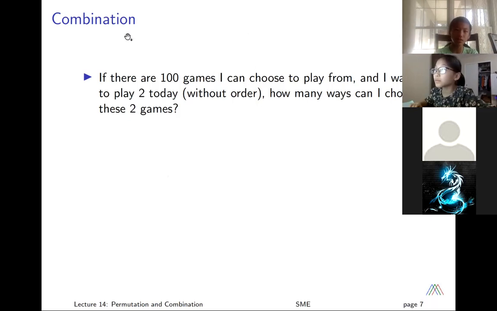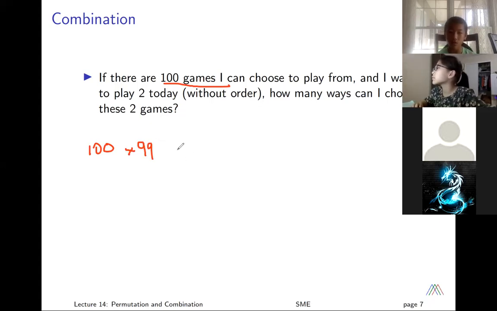So I'll give a hint. You have 100 games, right? For the first game, you have 100 choices, just like with the digits. And for the second game, you have 99 choices. Normally you just multiply that, but that's for permutations.